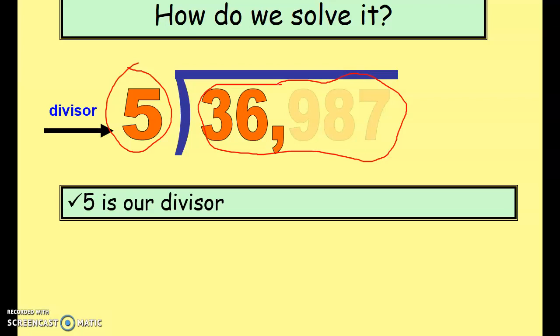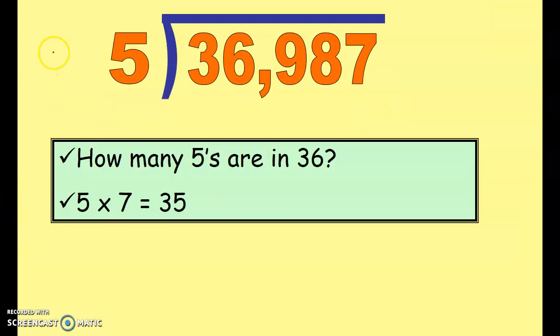In order to divide them, first step, you should write the table beside you. It's better to write the table beside each equation in order to look and choose the closest number. So I will start by writing table 5: 0, 5, 10, 15, 20, 25, 30, 35, 40, and 45.